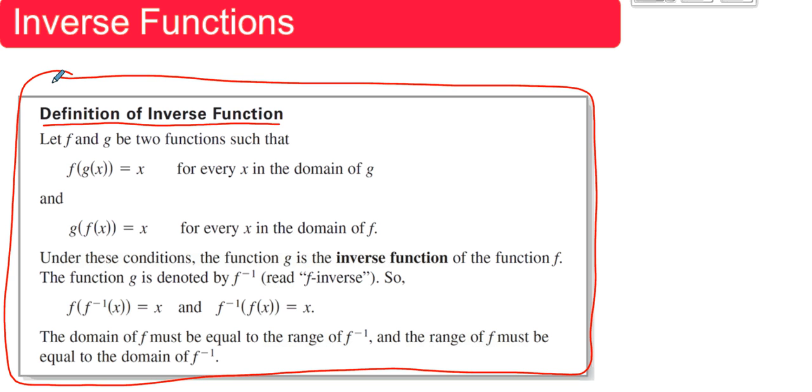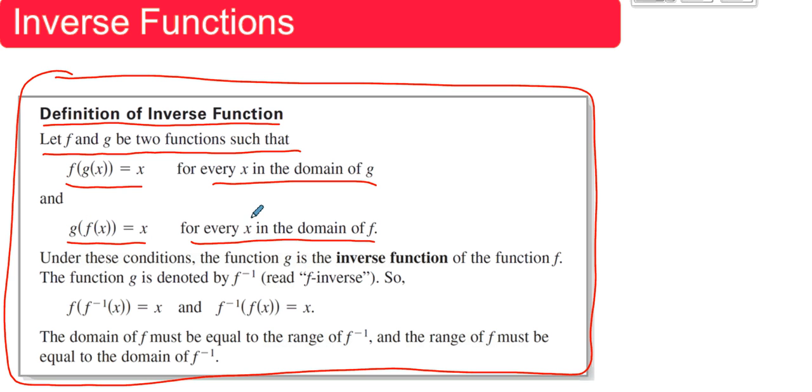It says, let f and g be two functions such that f of g of x equals x for every x in the domain of g, because remember we start with that nested inside one, and g of f of x equals x for every x in the domain of f, because you're putting it in f first.